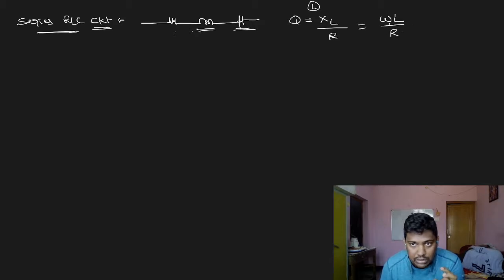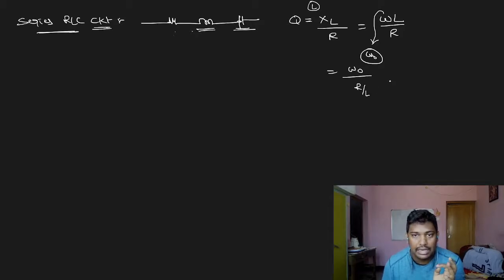This omega is the resonant frequency, and this can be modified as omega naught divided by R by L. Now, let me write the lower cutoff frequency and upper cutoff frequency for the series RLC circuit.